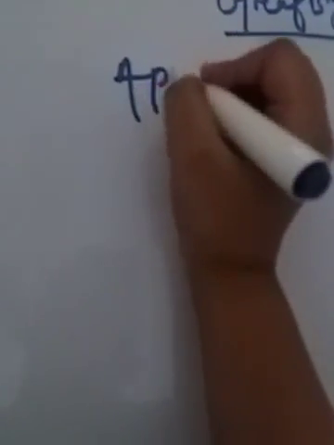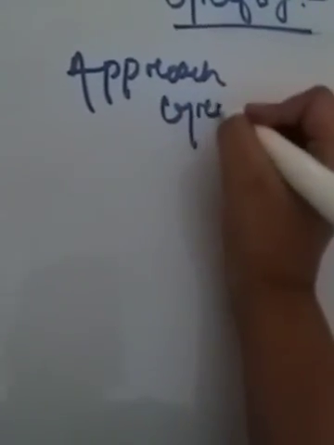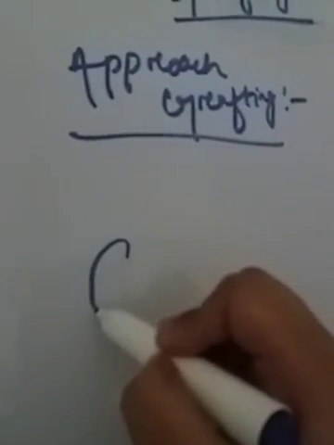Now we'll see about approach grafting. It is somewhat like this. Suppose this is a pot.